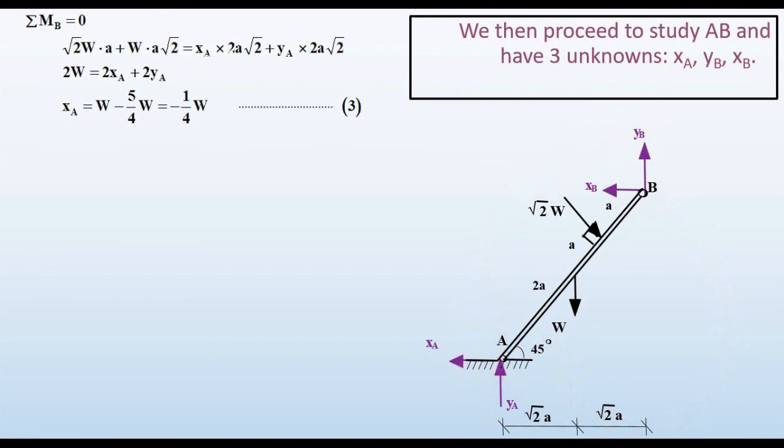This one will be YA multiplied by 2 square root 2a, and X will be in 4a, X will be in 4, in 2 XA 2a square root 2.